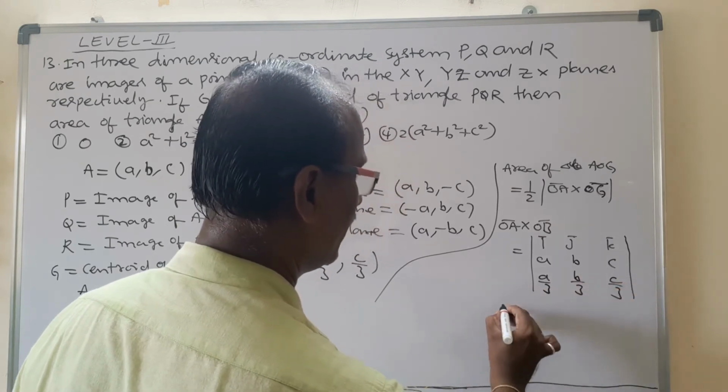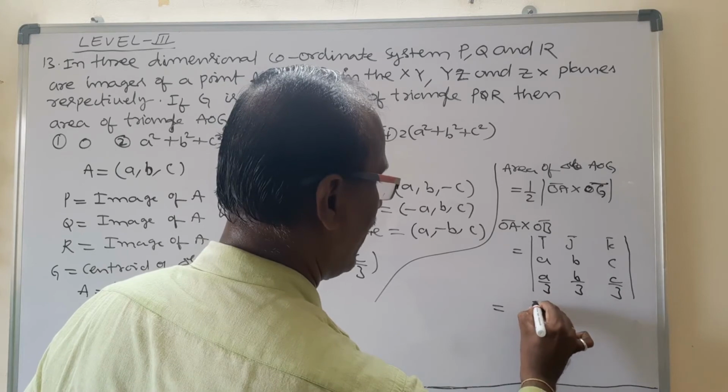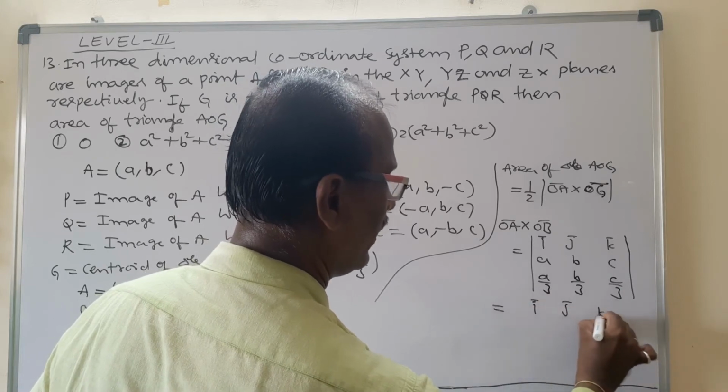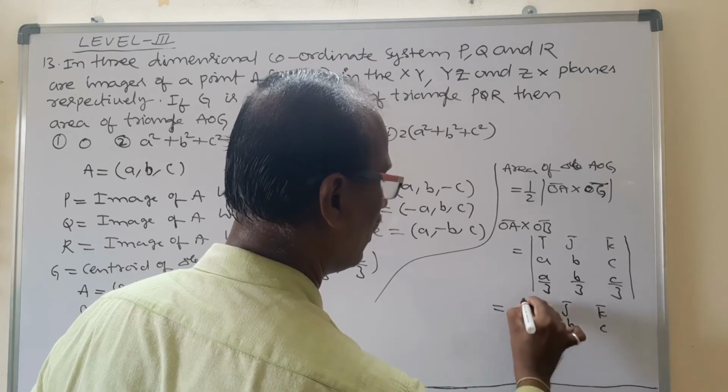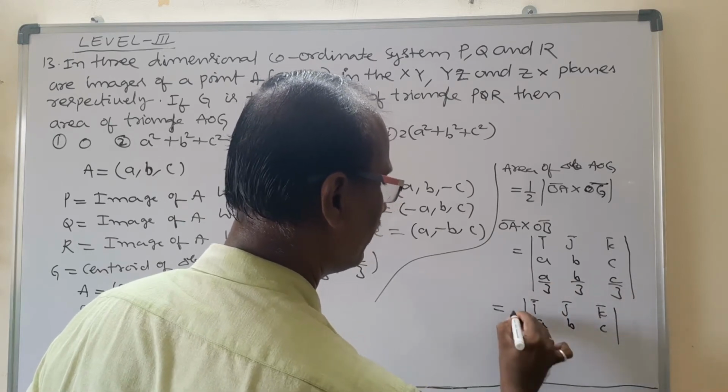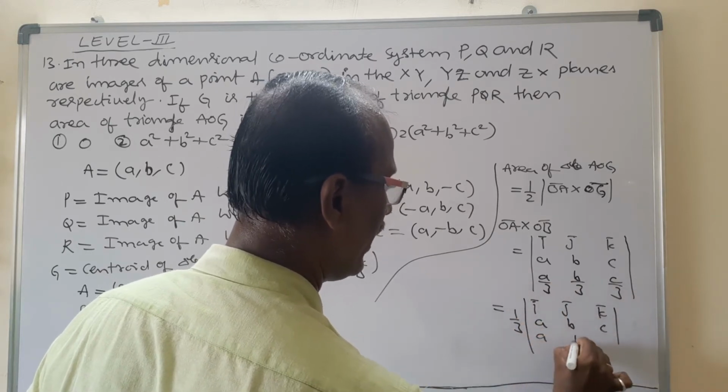So I bar, J bar, K bar; A, B, C; and in the third row, 1 by 3 is common: 1 by 3, A, B, C.